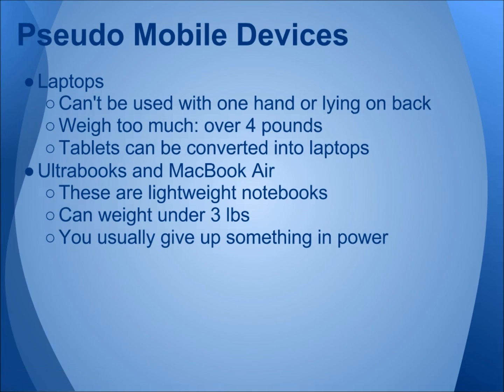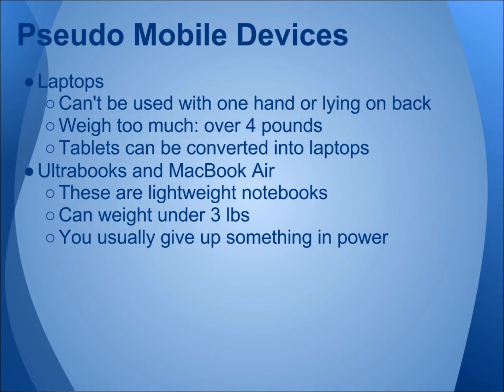There's pseudo mobile devices, things like laptops and netbooks that can weigh even less than 3 pounds. Certainly, they're very light, and there's some tablets, like the Asus Transformer Prime, where you can kind of transform your tablet into a netbook.